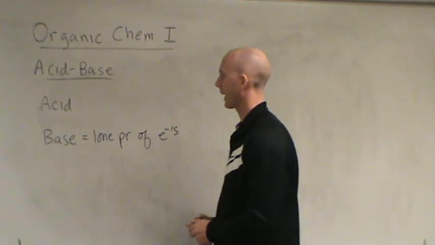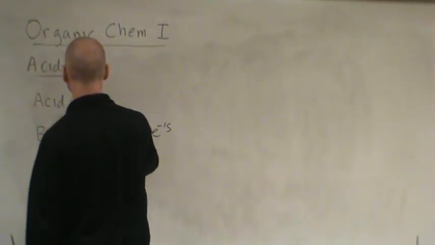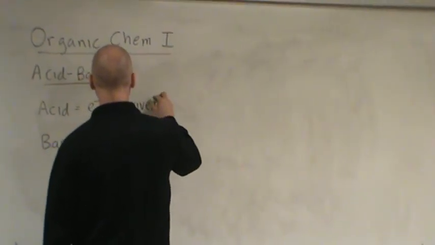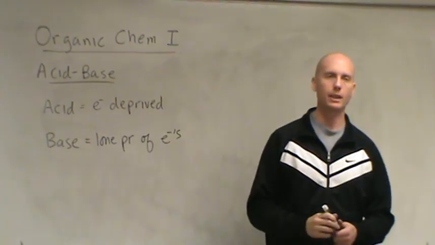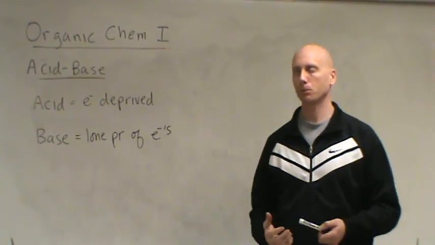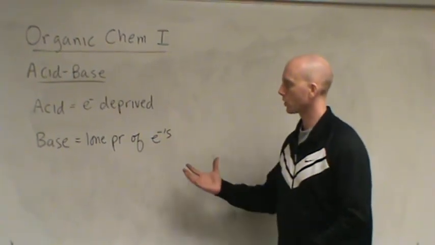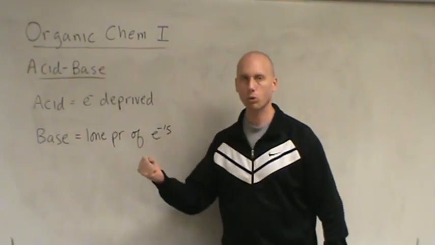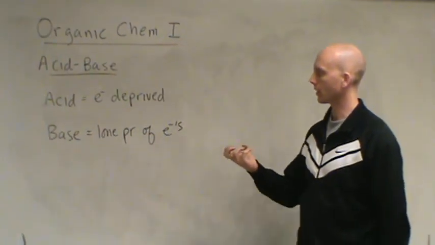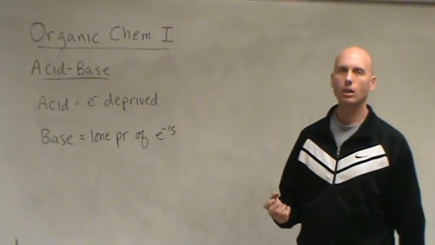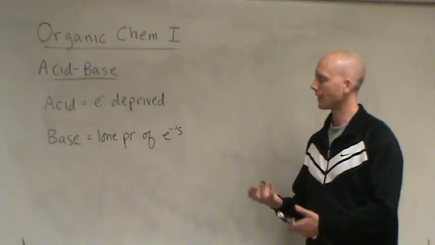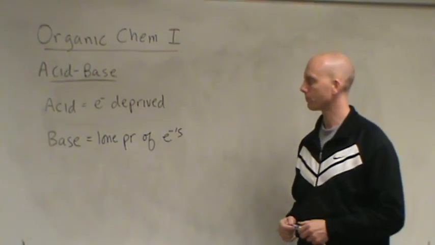If something is to be an acid, then it must be electron deprived of some type. So one of these things is full of electrons, and the other thing is electron deprived. So you can see how these two might react with each other.